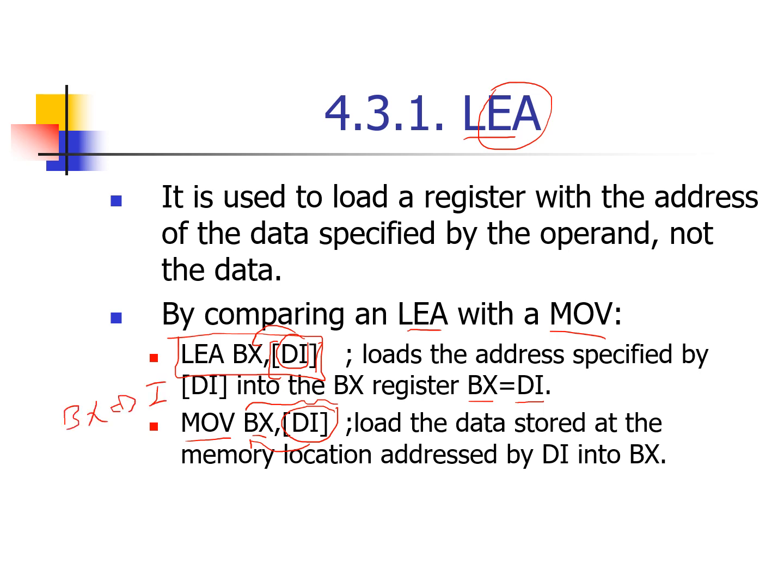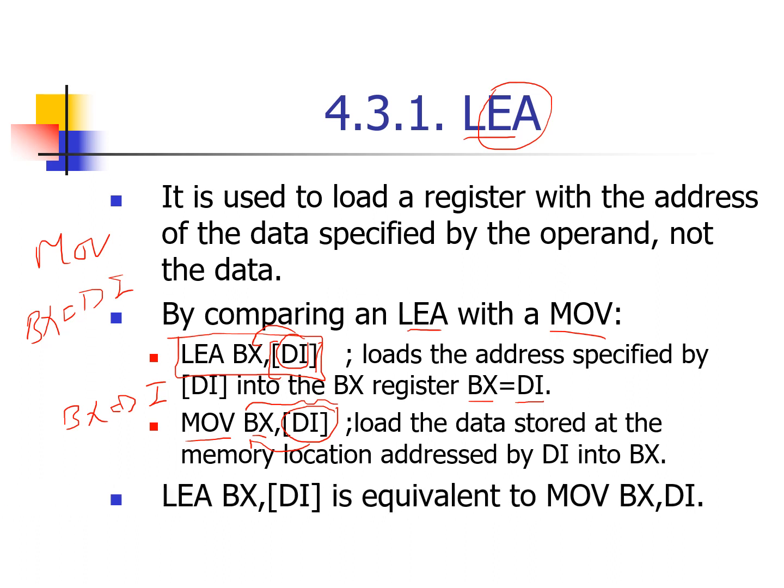If you need your BX equal to DI using the move instruction, you would have to write move BX comma DI, not DI inside square brackets, which means the address. So load effective address BX comma [DI] is equivalent to move BX comma DI without any brackets.